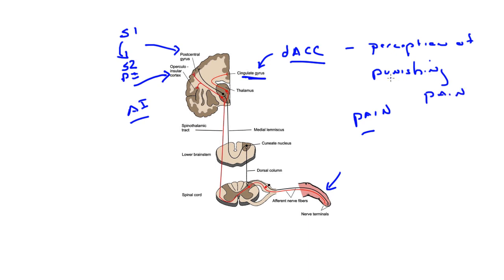So, remind you of this: separate cortical areas. S1 gets input indirectly through several synapses dealing with nociception, and so does cingulate gyrus, dorsal anterior cingulate cortex, and the anterior insula.